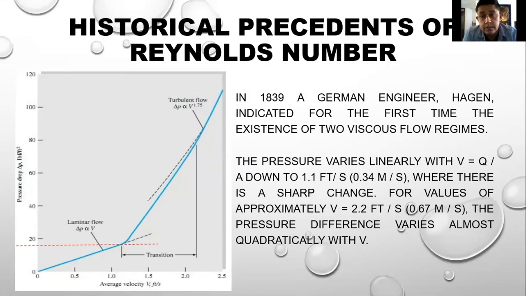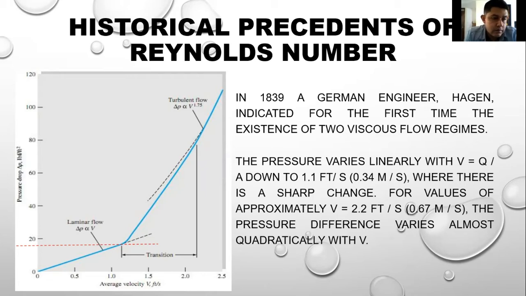Historical precedents of the Reynolds number. Turbulent motion is more common than laminar motion. Experimentalists have observed turbulence for centuries, though without perceiving it in detail.